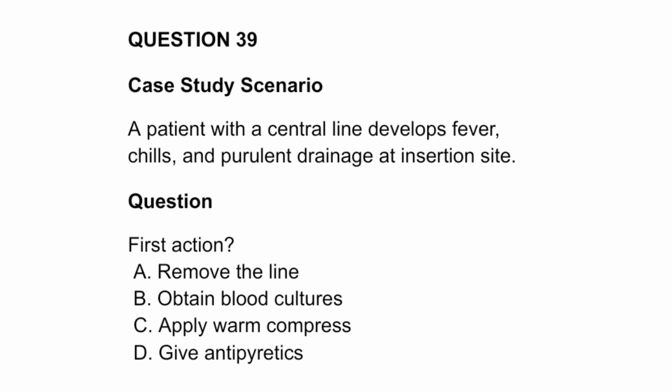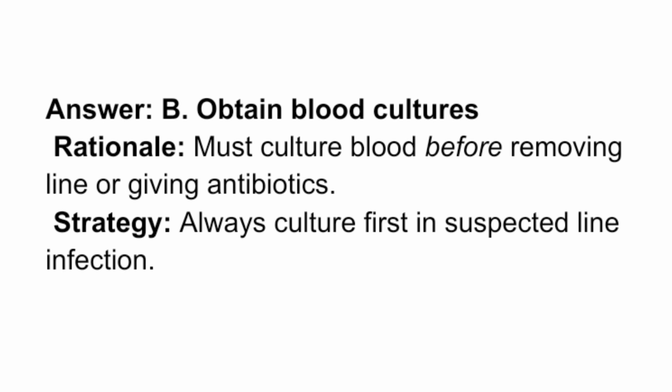C. Apply warm compress. D. Give antipyretics. Answer: B. Obtain blood cultures. Rationale: must culture blood before removing the line or giving antibiotics. Strategy: always culture first in suspected line infection.